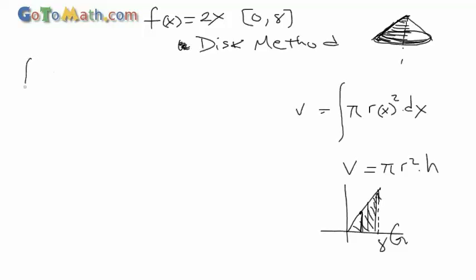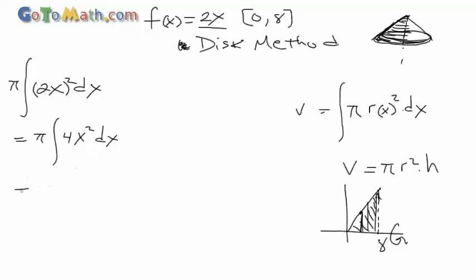So we've got pi, and this right here is our radius function, squared, dx. We can rewrite this as 4x squared dx. So we end up with 4x cubed over 3.